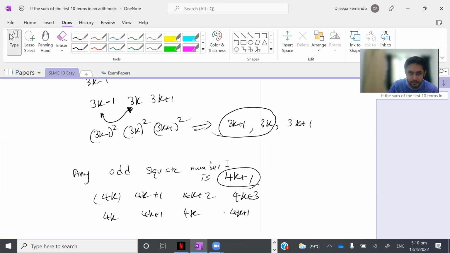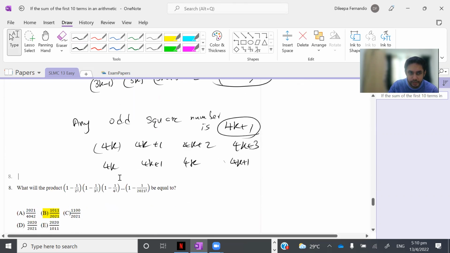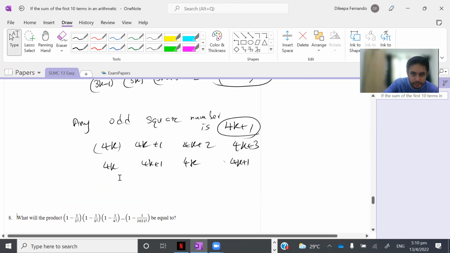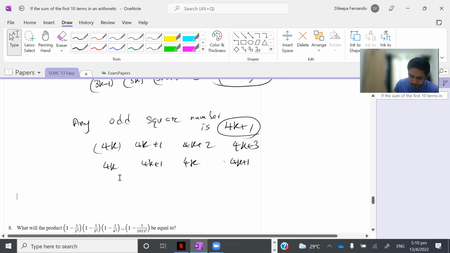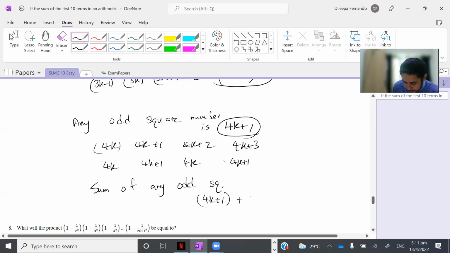So that means the sum of any odd squares is 4k plus 1 plus 4k plus 1.